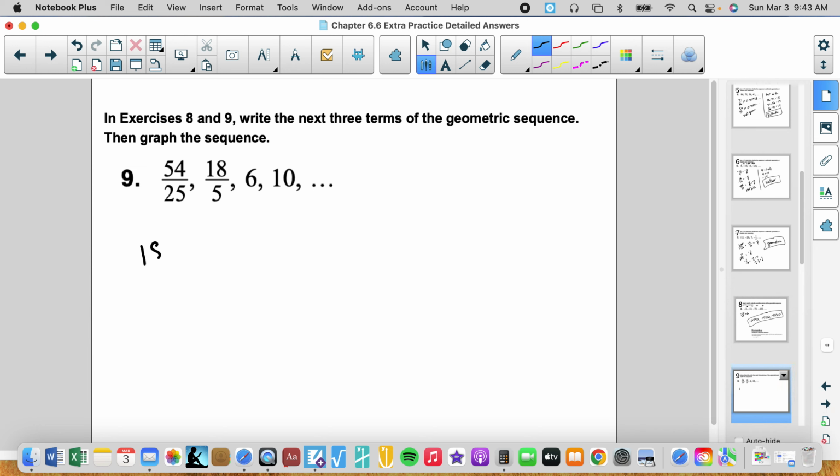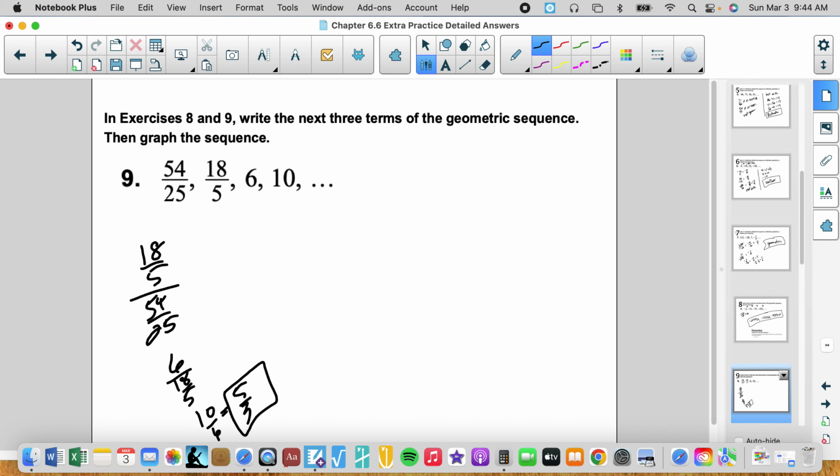So we have 18/5 divided by 54/25. We have 6 divided by 18/5, and then we have 10 divided by 6, which gives us our 5/3.